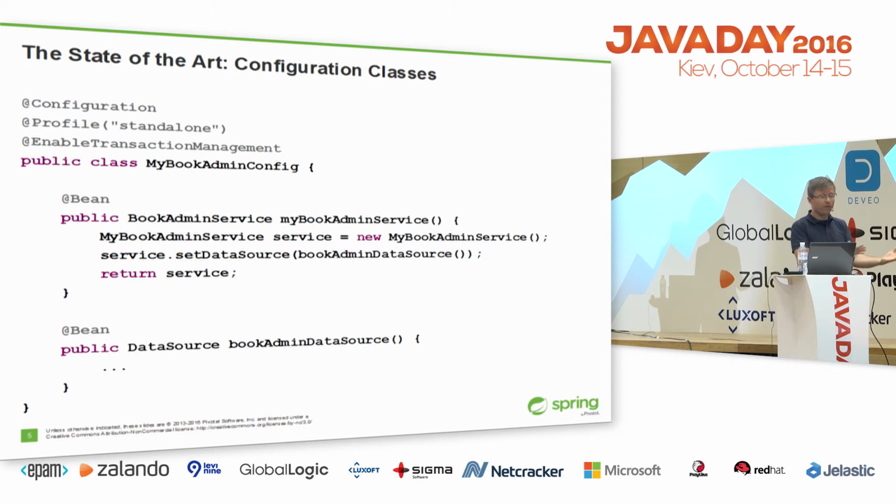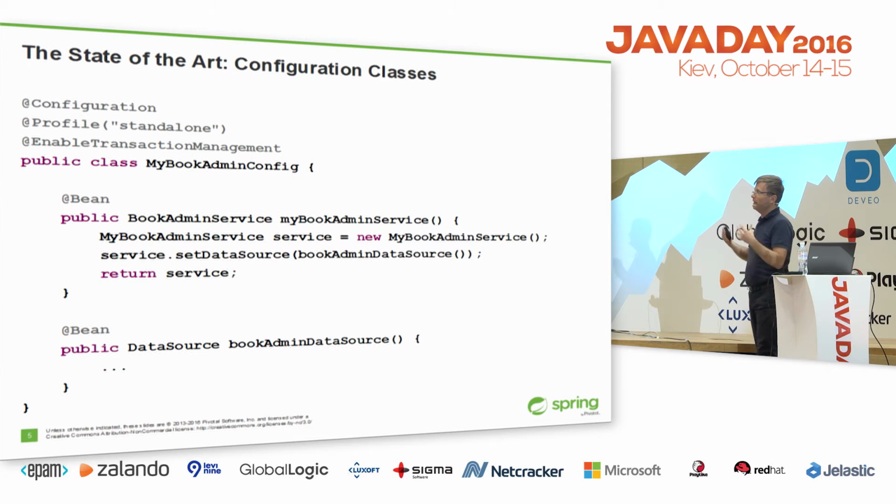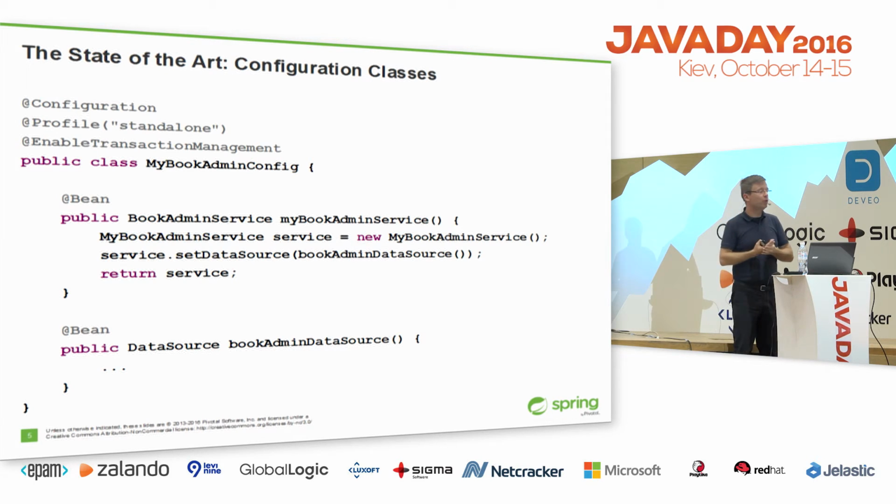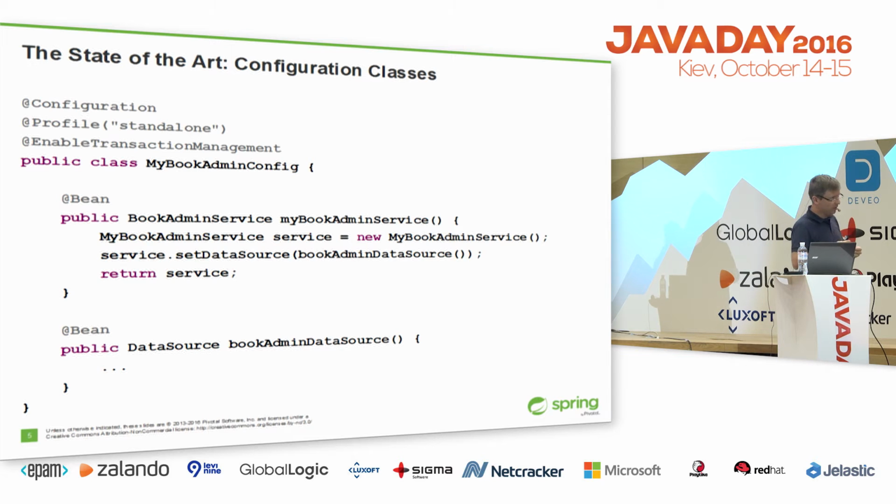So the special feature of configuration classes is that they have a special role in your container at runtime. They are Spring-managed beans declaring other Spring-managed beans to the container. Every @Bean method is being turned into a bean definition at runtime.